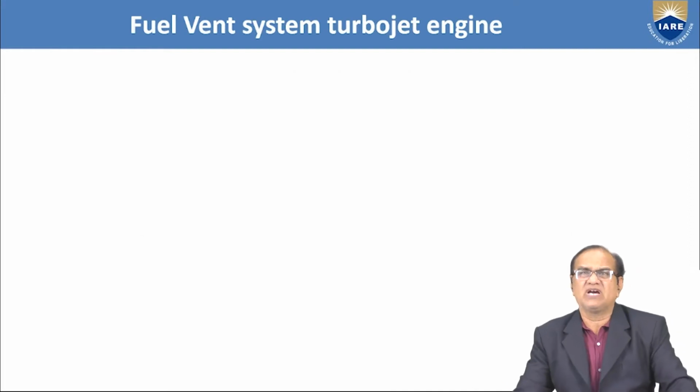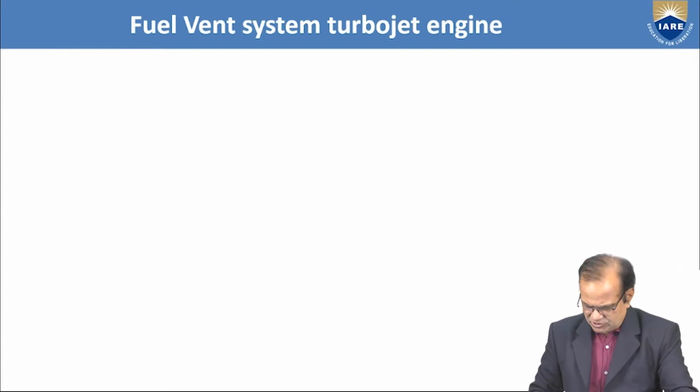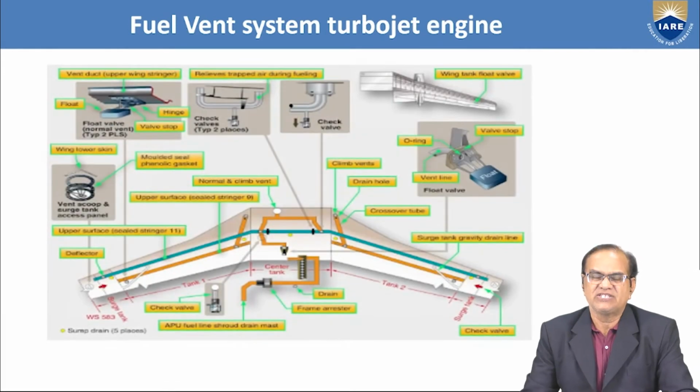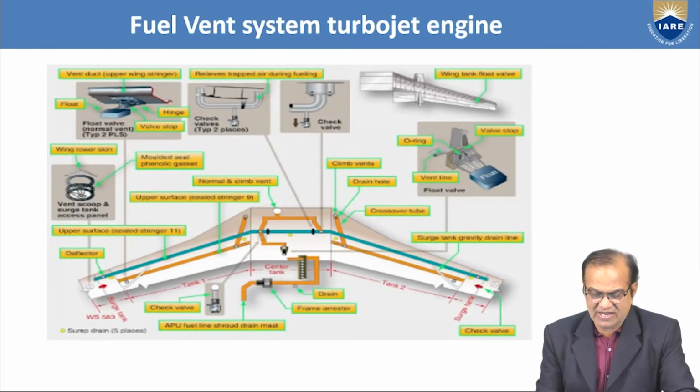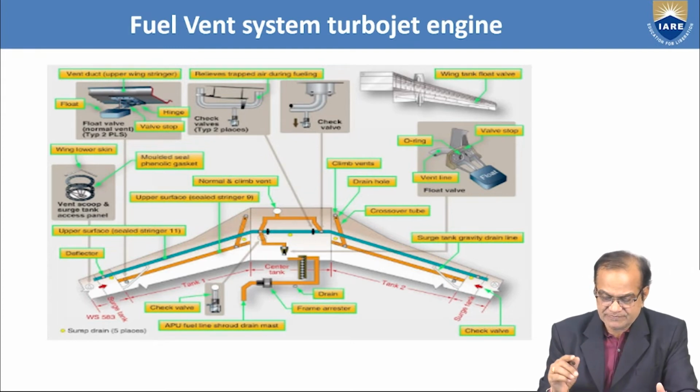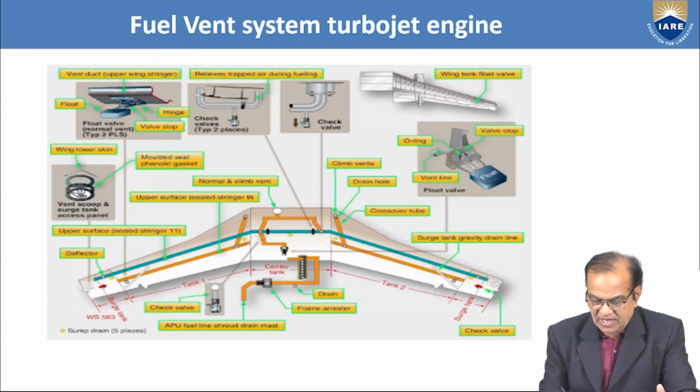Now I will talk about the fuel vent system of the turbojet engine, and you can see a very nice diagram of how the venting of the fuel takes place. Different locations are given. This one is the check valve, and this is the check valve type 2.